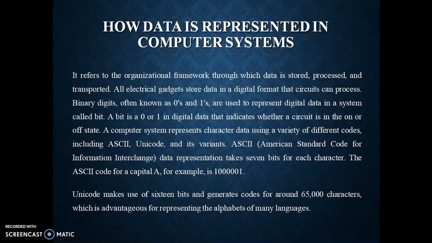Unicode makes use of 16 bytes and generates codes for around 65,000 characters, which is advantageous for representing the alphabets of many languages.